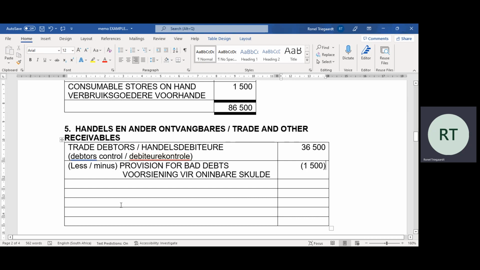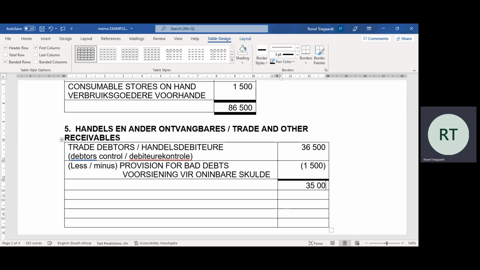Right. Now can you see that you said trade debtors less provision for bad debts? Now you have to do your calculation. There's my calculation. 36,500 minus 1,500 gives me 35,000. That is known as my net trade debtors.